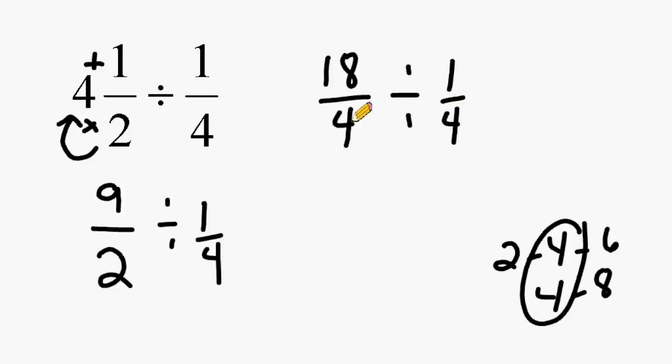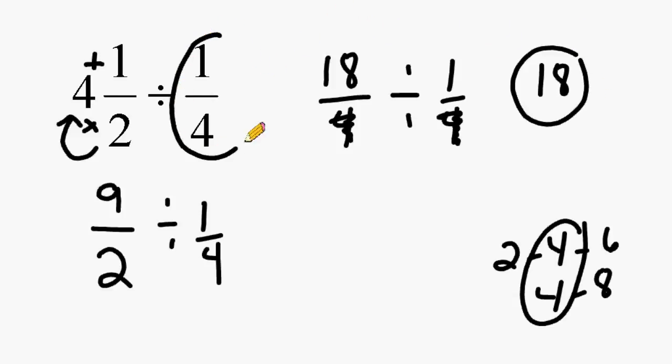Now that the denominators are the same, we really don't need them anymore, so let's just ignore those and focus on the numerators. All we have to do is take 18 and divide it by 1. And 18 divided by 1 is equal to 18. So we would say that it would take 18 groups of 1/4 to make 4.5.